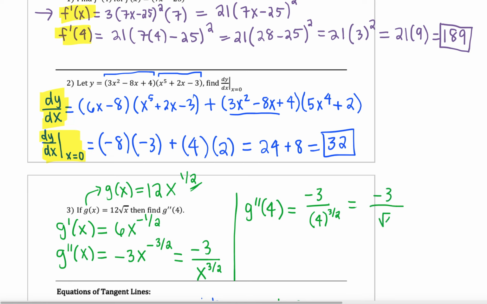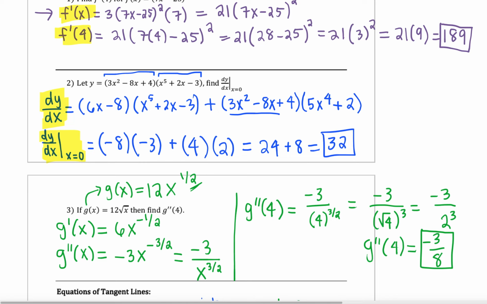I could do the square root of 4, whole thing cubed, or I could also do 4 cubed and then square root that whole thing. Personally, I prefer to do the square root first, since this will make our numbers smaller. I'm going to get negative 3 over 2 cubed, and then from there, 2 cubed would give us 8. So we're ultimately getting g double prime of 4 to be equal to negative 3 over 8.